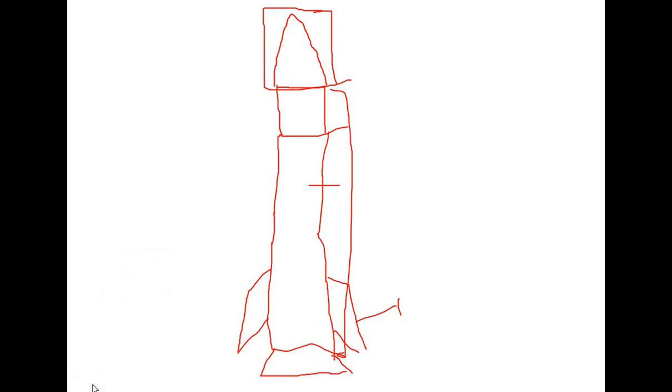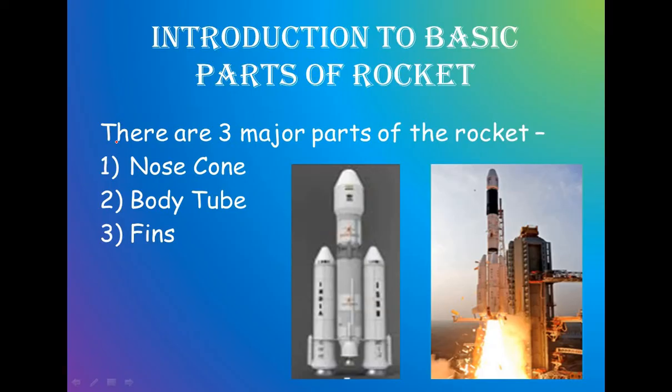First of all, let's remove the ink, and then let's come here. There are three major parts in rockets. This is the nose cone, this is the body tube, and here somewhere are the fins. There are fins in the rocket, and we will discuss many things about them.